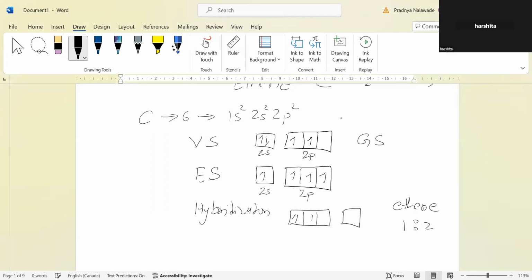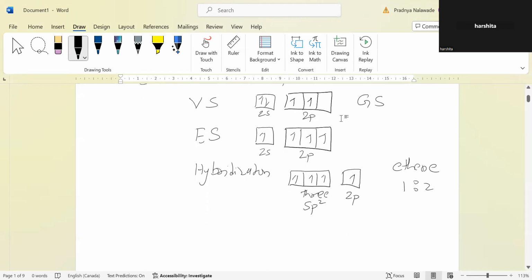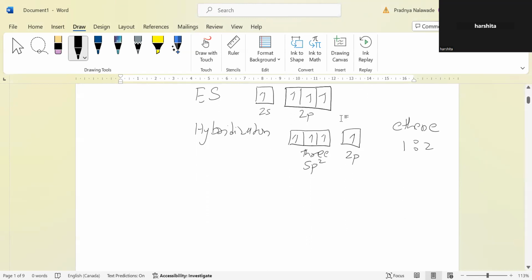So you get three sp2 hybrid orbitals, and this is the 2p orbital which has one electron. It doesn't participate. Make sense, Harshita?